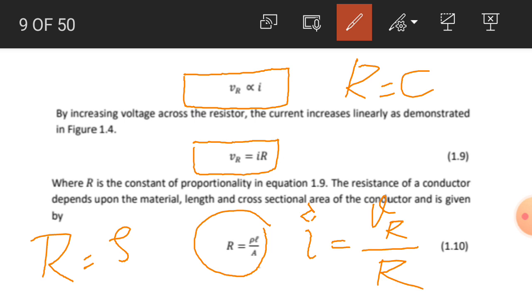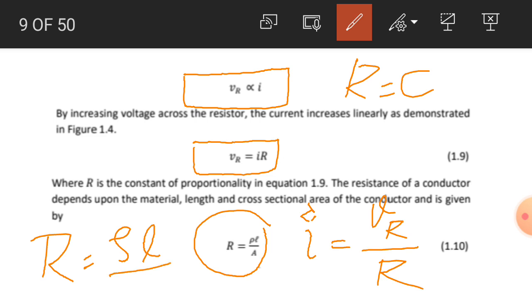And this resistance is directly proportional to the length of the conductor as well. If you increase the length of the conductor, the resistance of the conductor will increase.